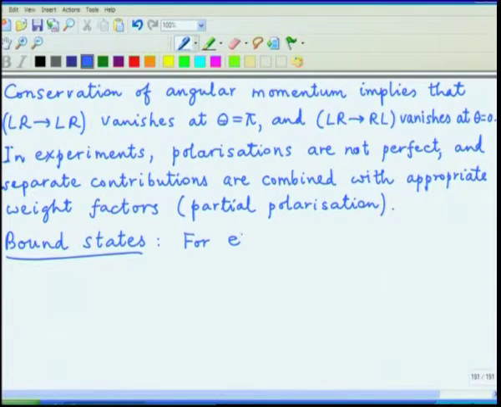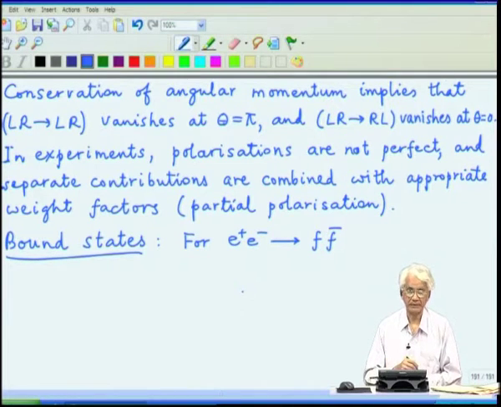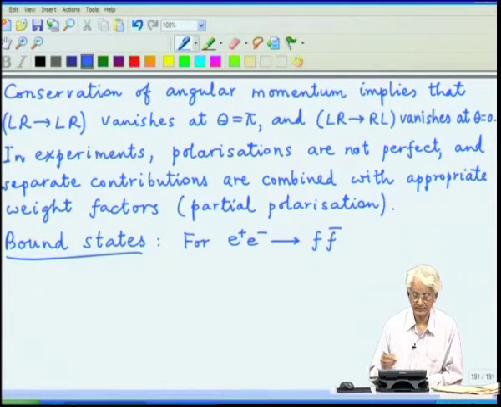Generically, for processes involving a particle and an antiparticle, there are bound states just below the threshold, because particles and antiparticles with opposite charges end up attracting each other.